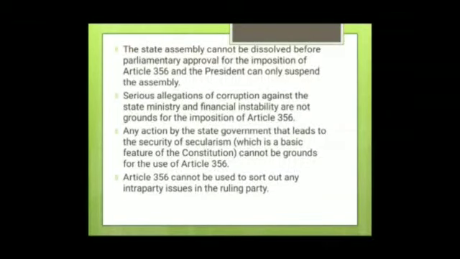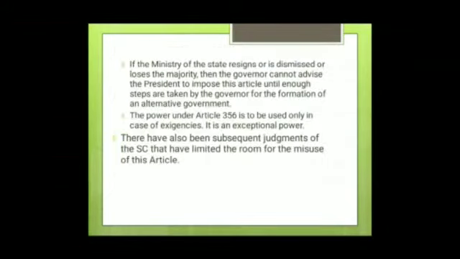Now Article 356 cannot be used to sort out any intra-party issues in the ruling party. Now if the ministry of the state resigns or is dismissed or loses the majority, then the government cannot advise the president to impose this article. This became clear through this case: the government cannot advise the president to impose this article if any ministry of state resigns or is dismissed or loses the majority, until enough steps are taken by the governor for formation of an alternative government.